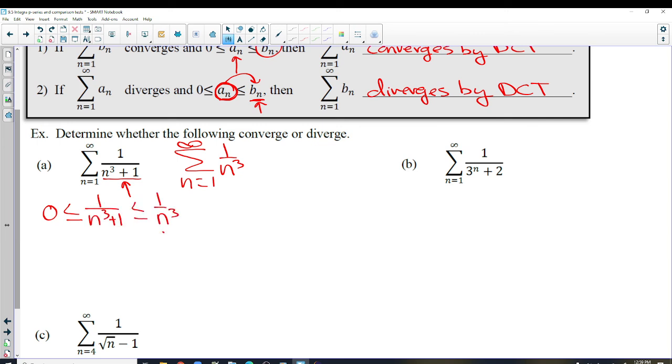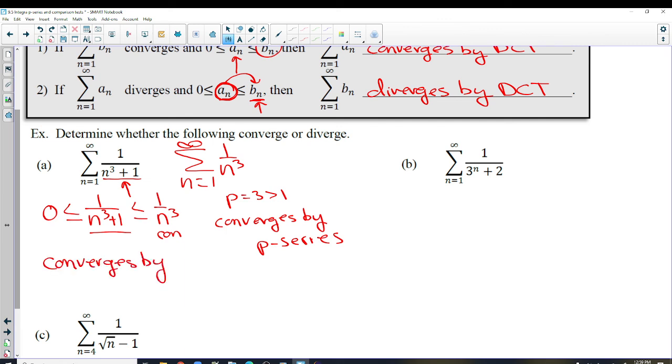Now if I can show that this converges, then this one must converge. So p is equal to 3, that's greater than 1. This converges by p series. So our original converges by the direct comparison test.